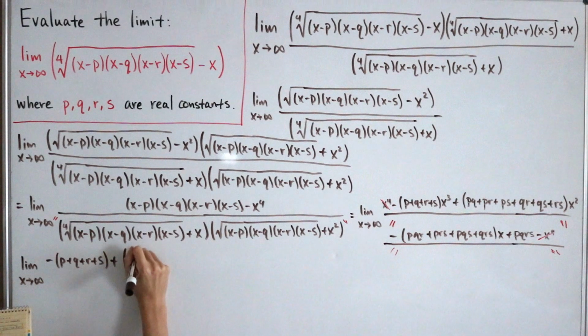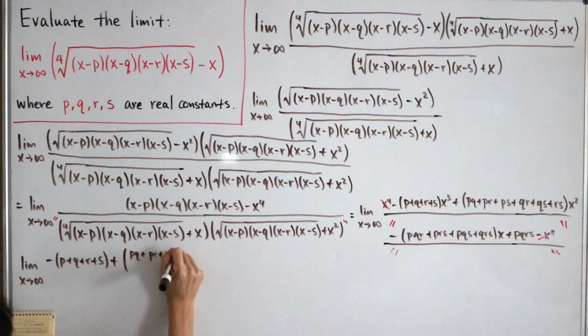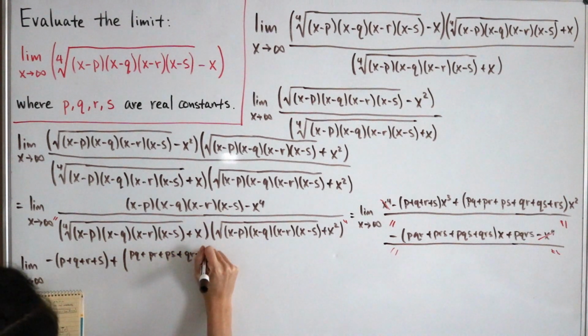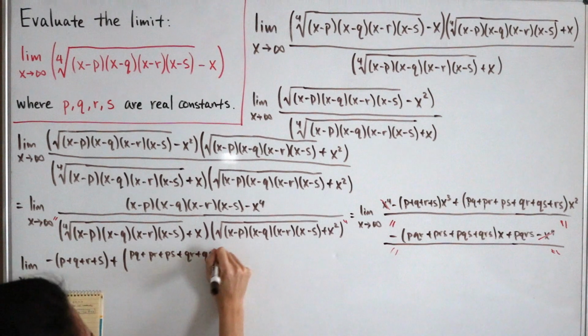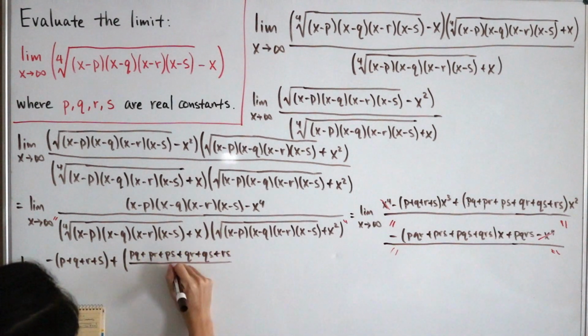So here this is pq plus pr plus ps plus qr plus qs plus rs, and then that's all being divided by x over here.